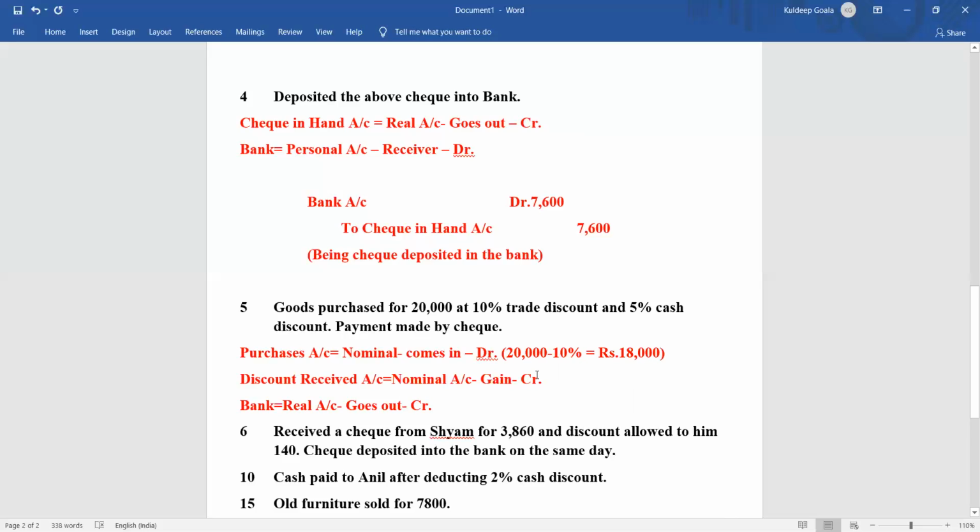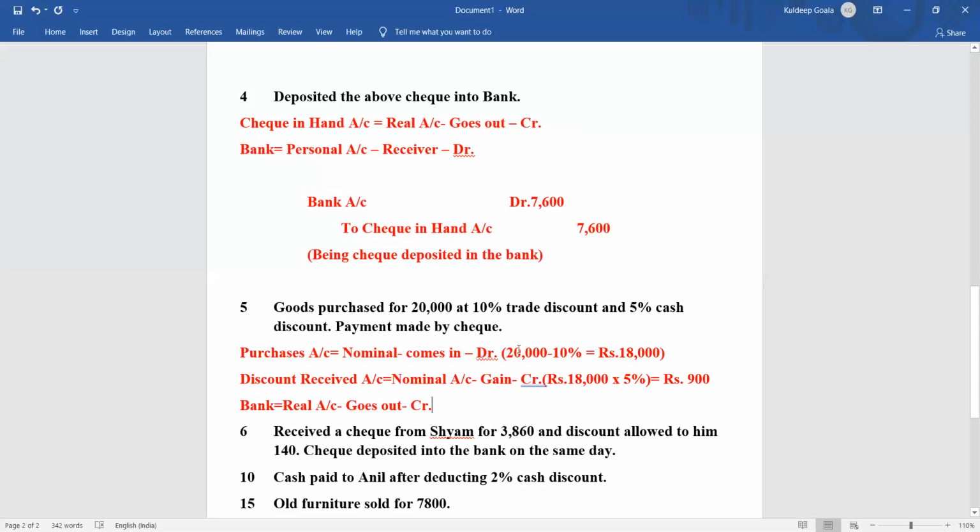And discount received will be how much? 5% of the amount. We are making payment of the whole amount, so on the whole 18,000 we are going to get a discount of 5%. 5% of 18,000 is 900 rupees.